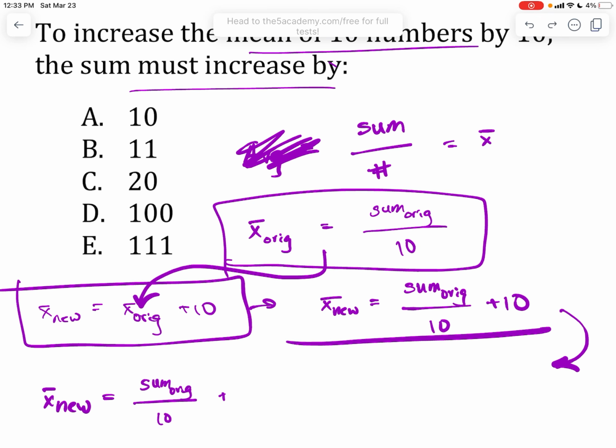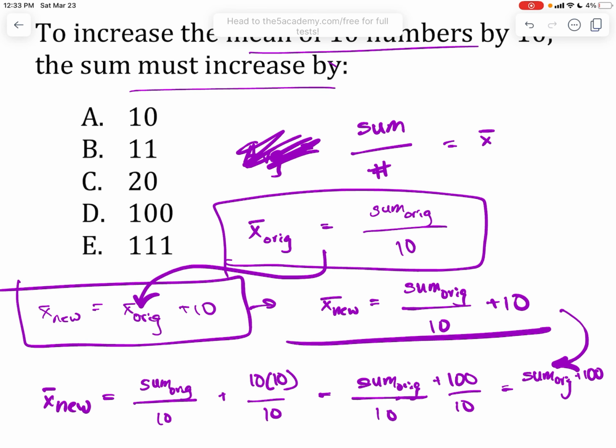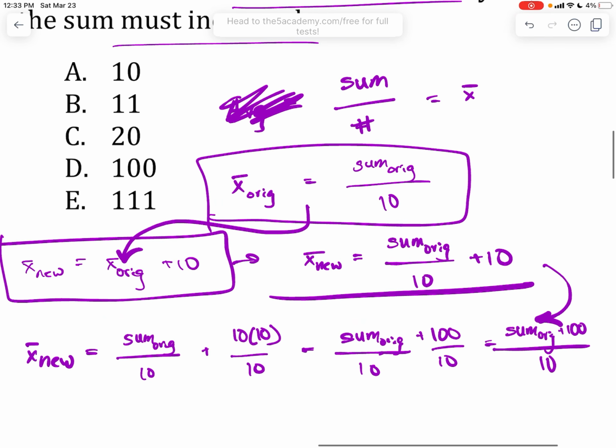We'll just write it as 10 times 10 over 10, or just 100 over 10. This gives me sum original plus 100, both divided by 10. And I can combine now over 10. And this is all equal to my new average.